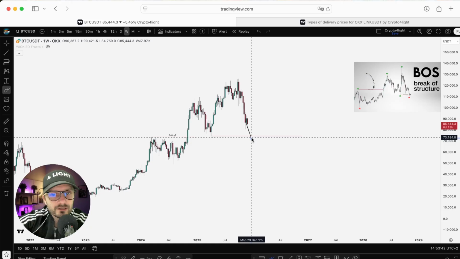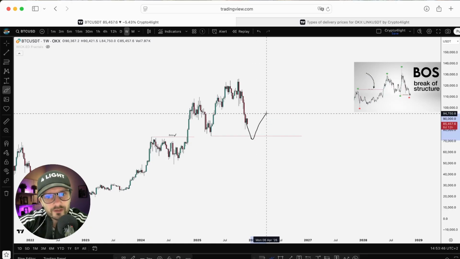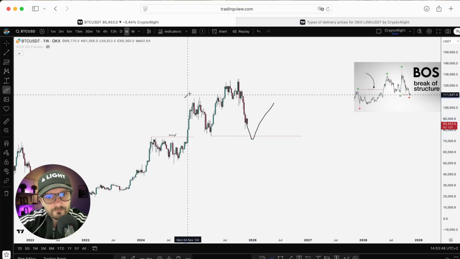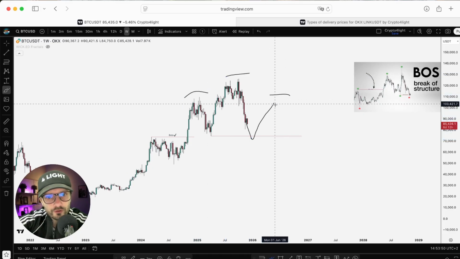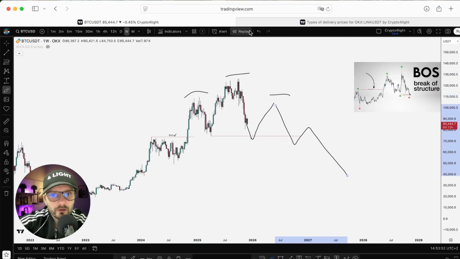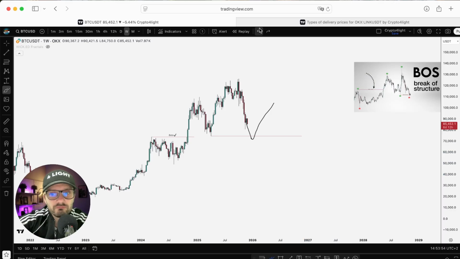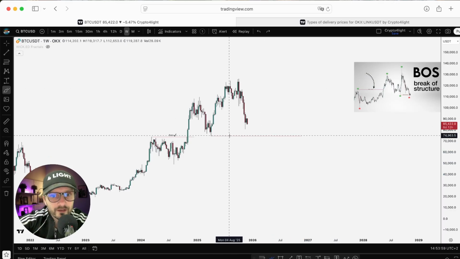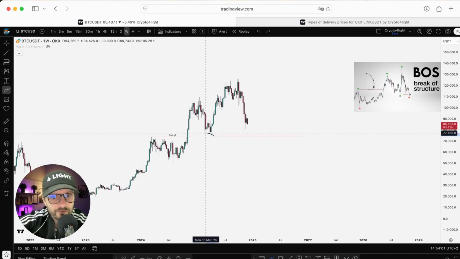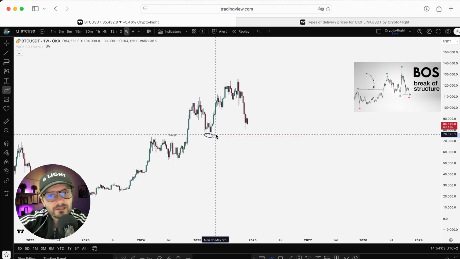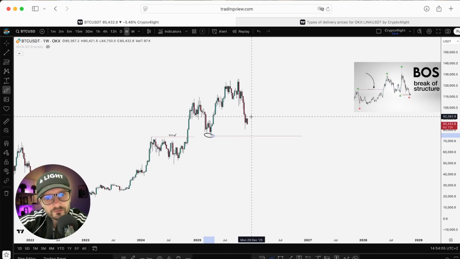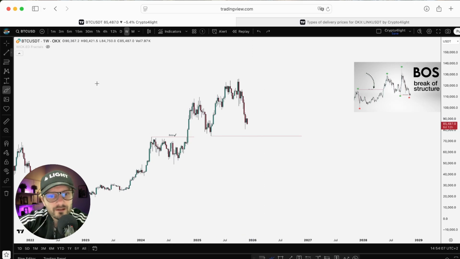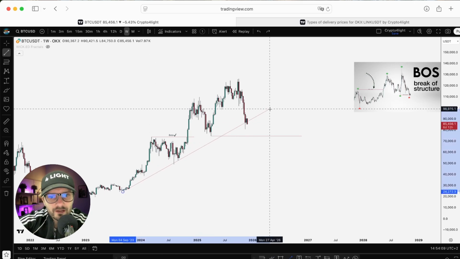Of course, locally it can be a fake out, for example, and we can see something like this one, form head and shoulders, and go down in the long bear market. So until that break of structure, break of the last high low, we are in the uptrend. You can add some uptrend line, downtrend line.